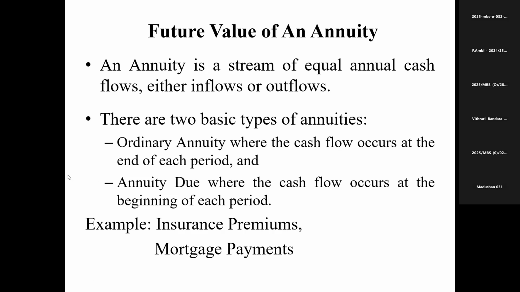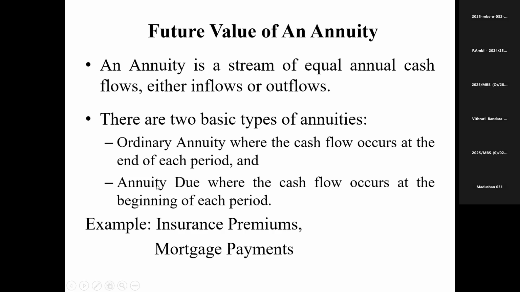So that is what annuity stands for, ordinary annuity. There are cases where we need to pay at the beginning of the year, or we can receive returns or income at the beginning of the year. So if the cash flows, a payment or receipt, occur at the beginning of the accounting period, then that is called annuity due.